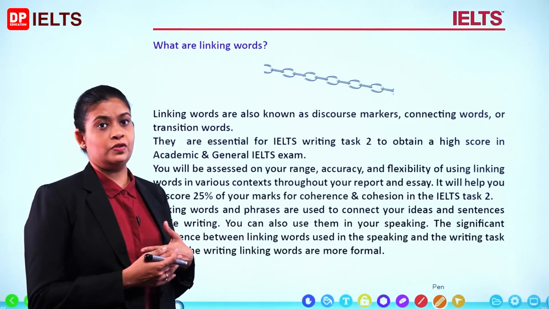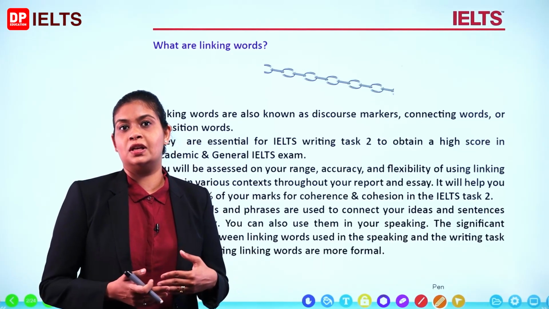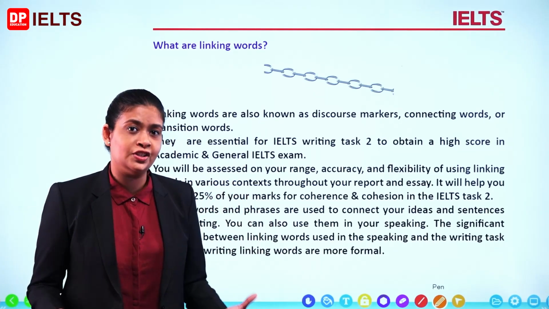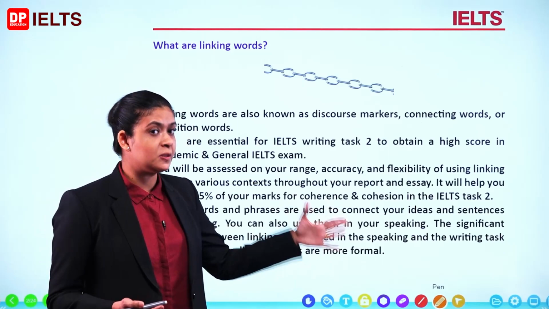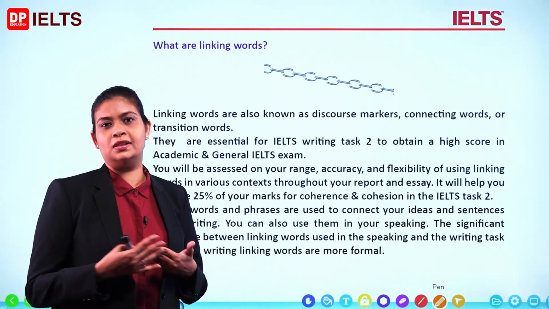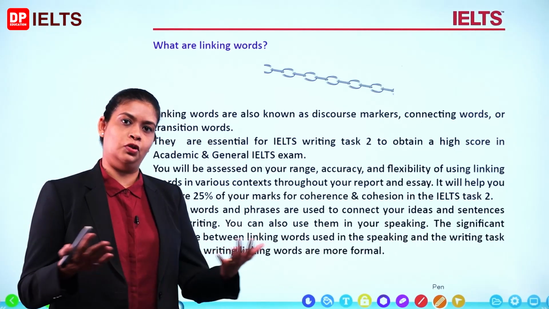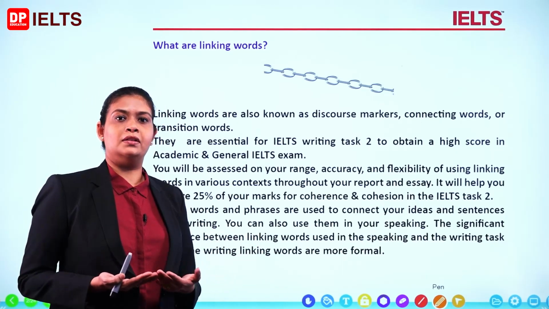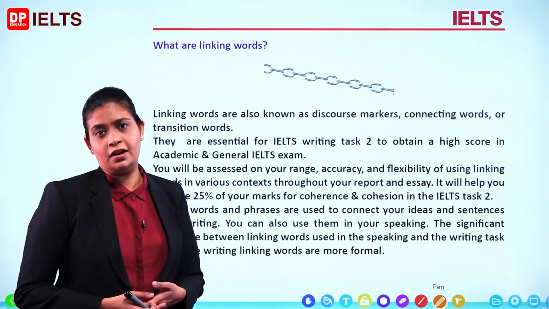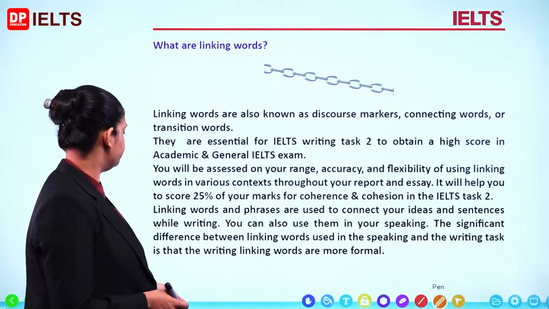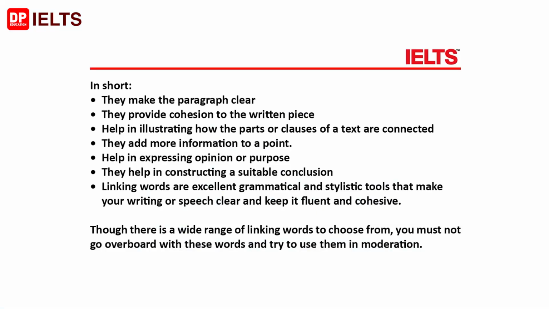Because obviously when you speak, you don't use formal words to that level, right? So when you speak, you would still use linking words and they would be a bit different to the ones that you actually write. Some you could use the same, but some words you actually can't use in your speaking, right?